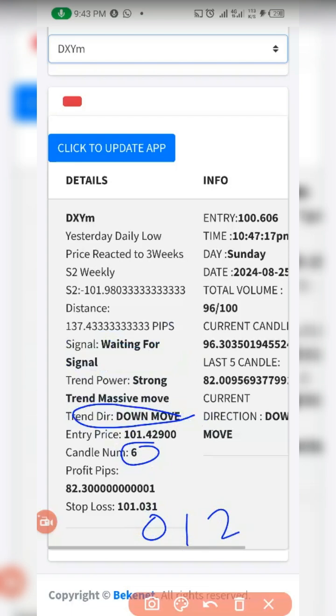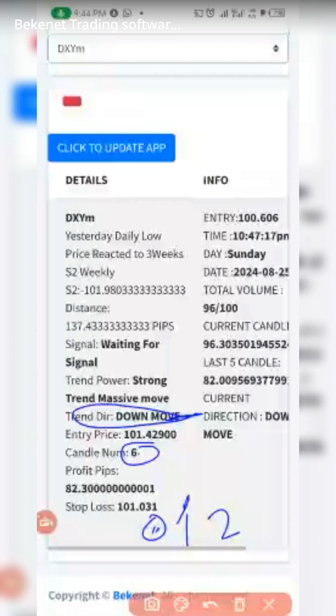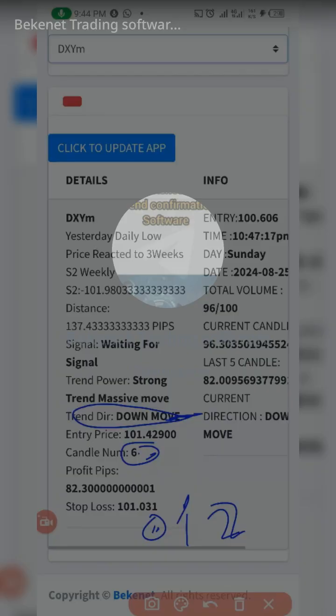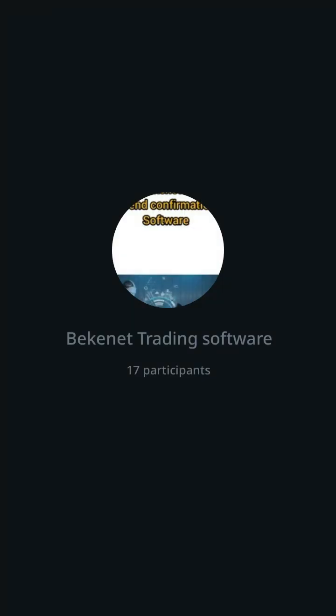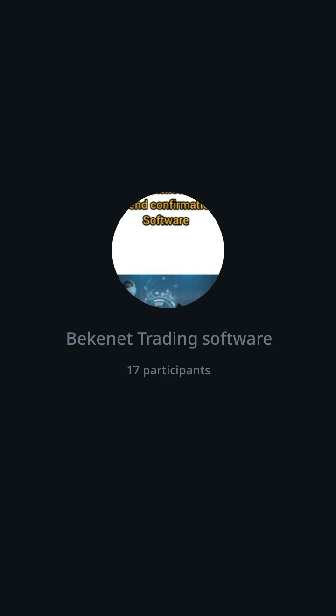So if the trend direction is telling us down move, which is a sell, if I see this candle number to be 0, I will sell. If I see it to be 1, I will sell. If I see it to be 2, I will sell. But if I'm seeing 6, I've lost that trade already. Price has gone very far. I am not going to take any trade again. Very simple, very easy, no analysis needed. If you follow this rule, you're going to make money from now till Friday. The same thing happens with synthetic, the same thing with crypto, the same thing with forex.